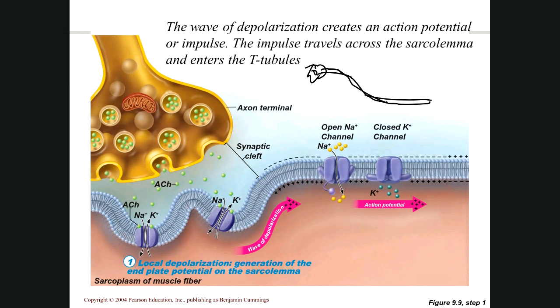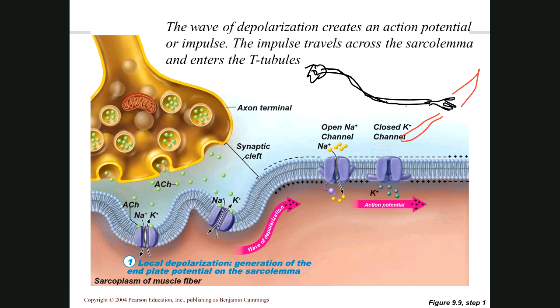Okay. And at that point, the end of the neuron is going to be in contact or innervating with the skeletal muscle right there. So skeletal muscle and the end of the somatic motor neuron are going to create a neuromuscular junction.